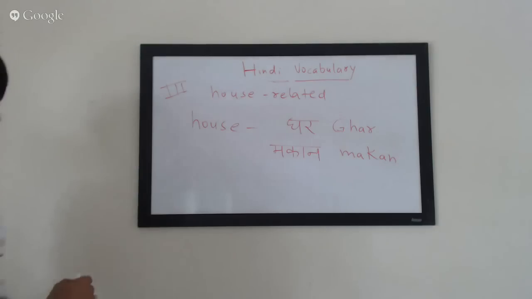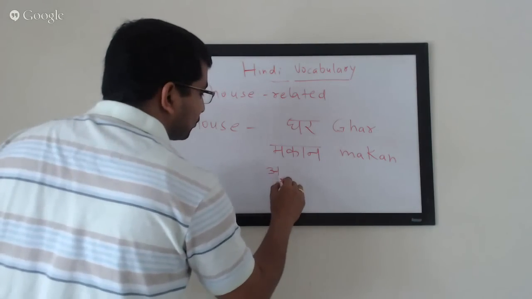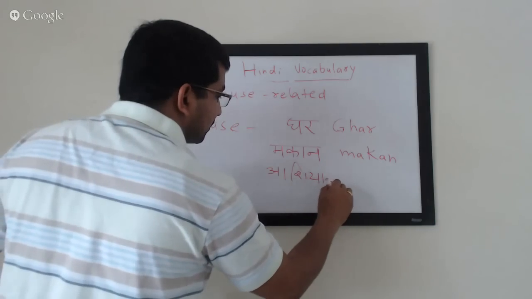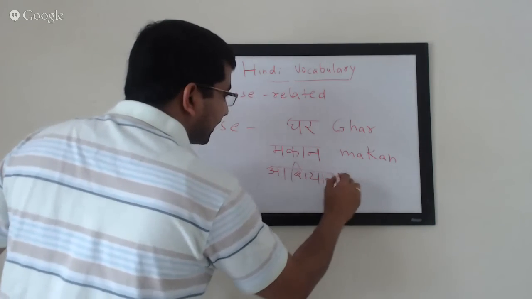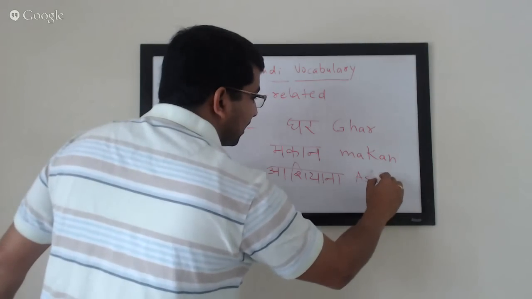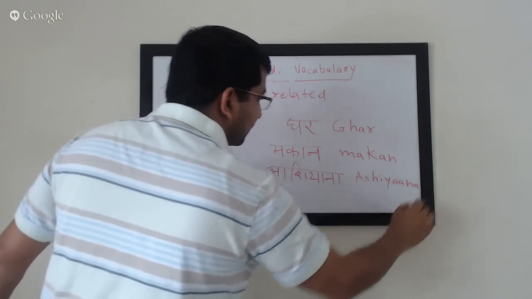Or it can also be known as ashiana, which is like an Urdu word. And I'll write it down if you cannot read the Hindi script. It's basically ashiyana, ashiana.